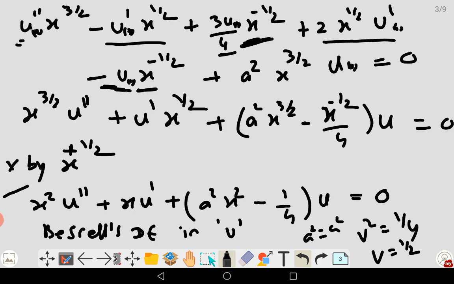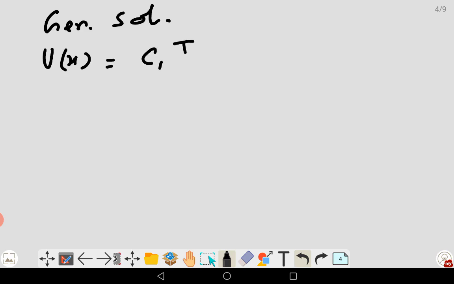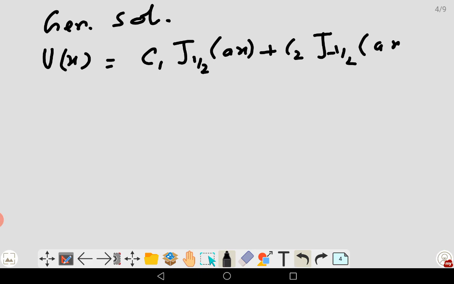So the general solution, we know the general solution of this Bessel's equation. What is the general solution? General solution is u of x is c1 J 1 by 2 of ax plus c2 J negative 1 by 2 of ax. But we are looking for y. What is y? Y is x power negative half into u of x.